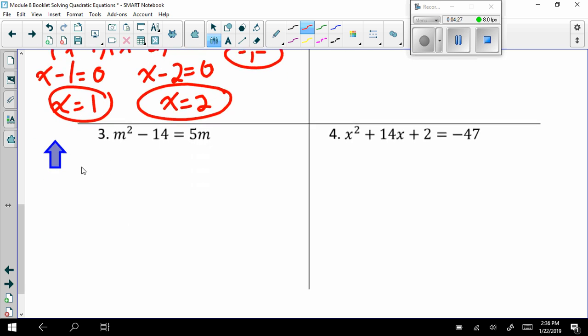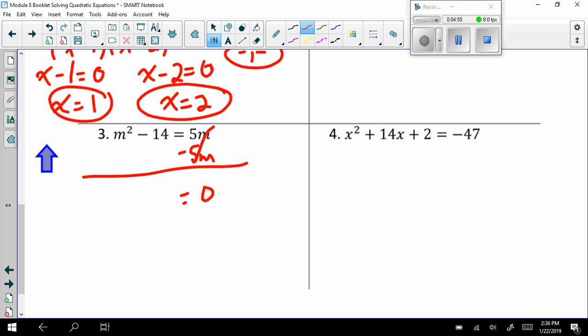So on number 3, first notice I don't have equal 0 on either side, so I am not in standard form. I need to get myself into standard form. So the first thing I'm going to do is get this thing equal to 0. So since my m squared is here, I'm going to leave these where they are. I'm going to bring this 5m to the other side. Remember, my goal is to get 0. 5m minus 5m is what gives me 0.